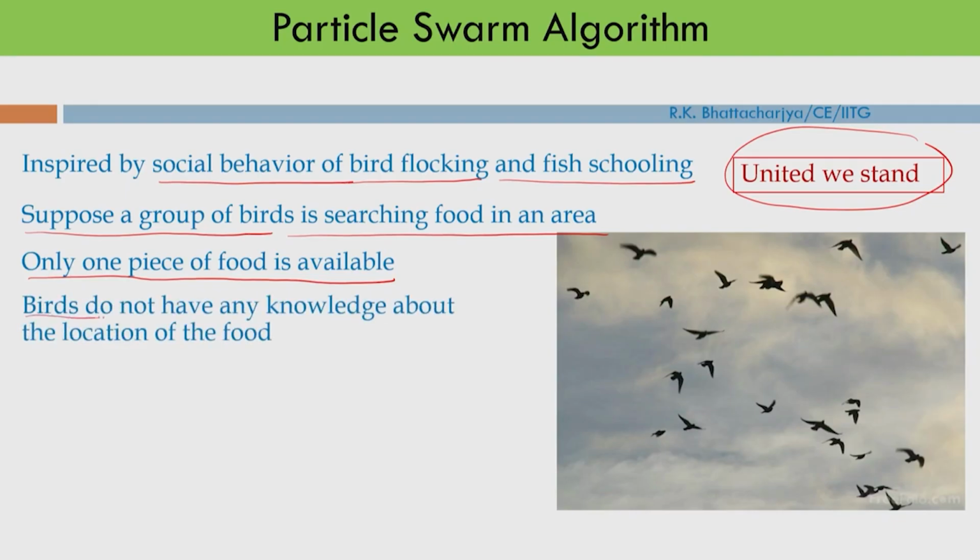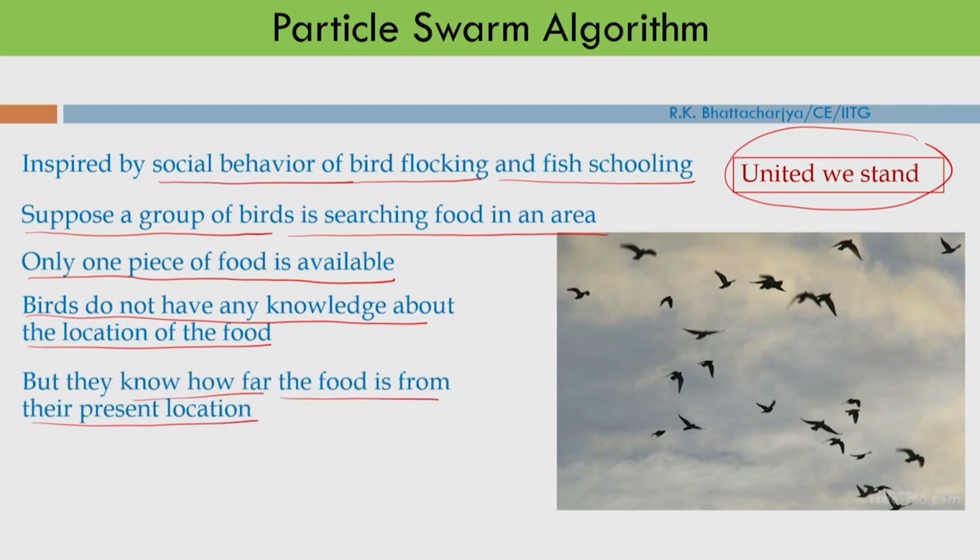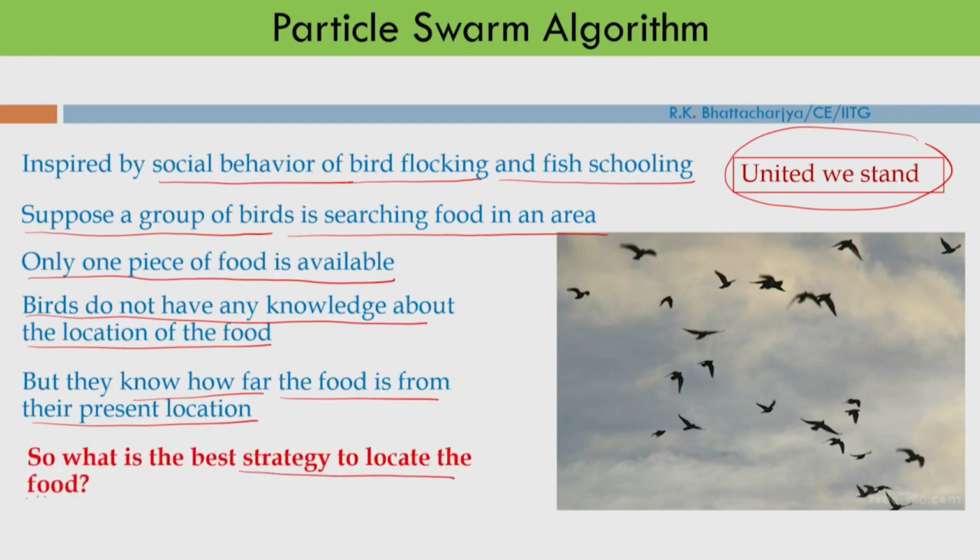The birds do not have any knowledge about the location of the food. However, they know how far they are from the food from their present location. So what is the best strategy to locate the food?